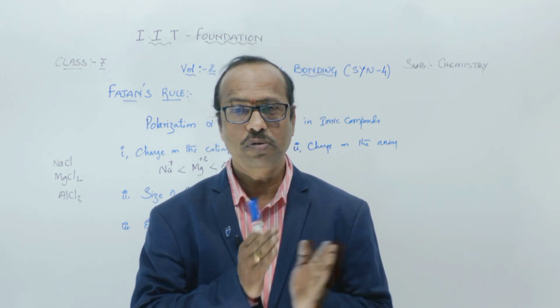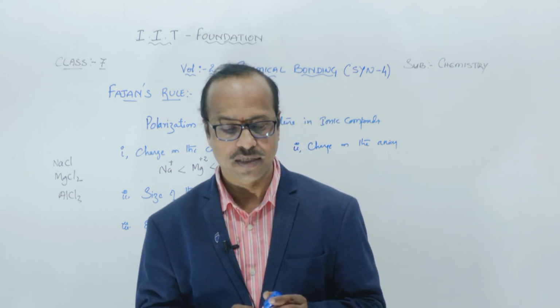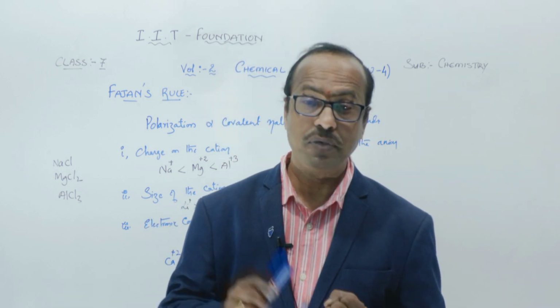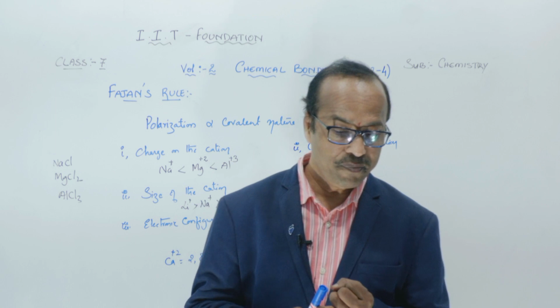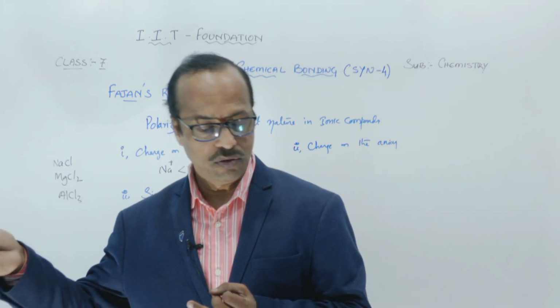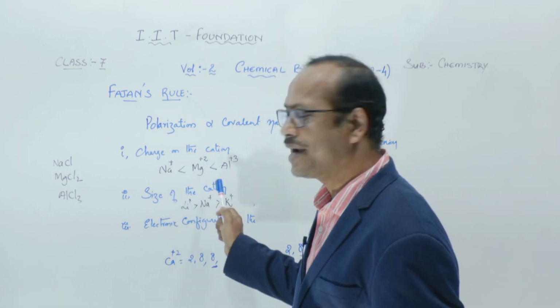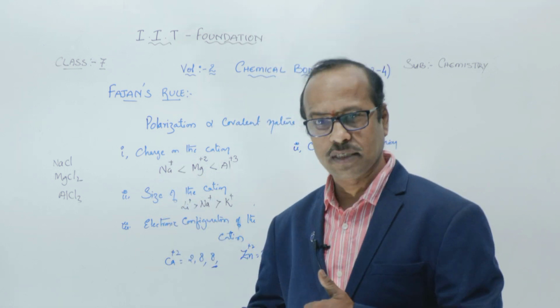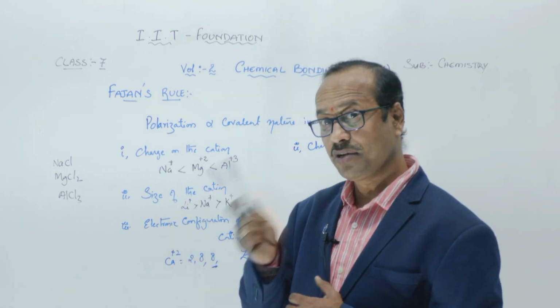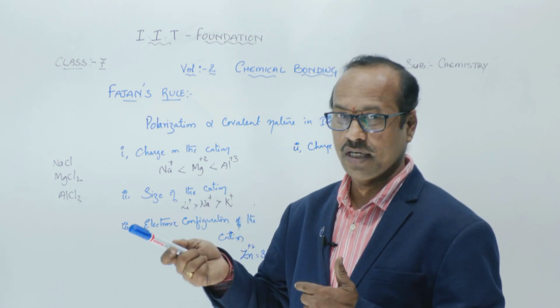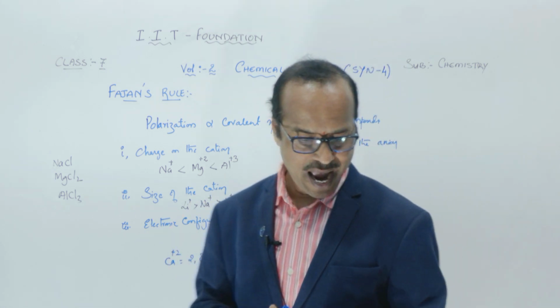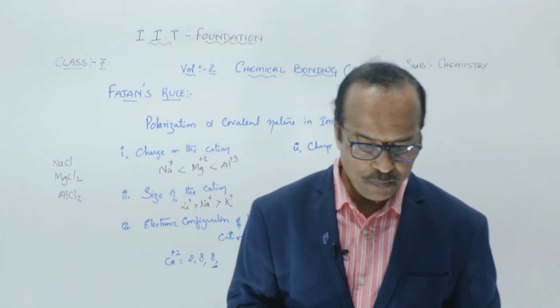Okay, so how much covalent nature is there, how much ionic nature is there, based on what? Based on the small size of cation, large size of anion. Because this is positive charge, anion is negative charge.